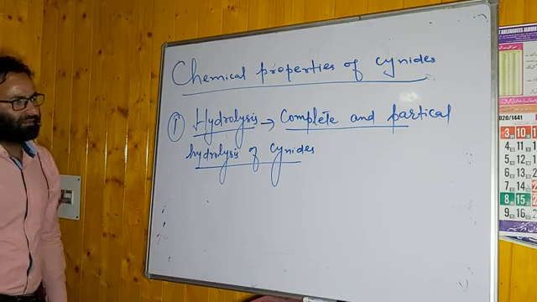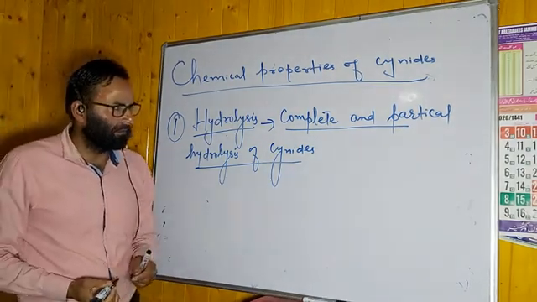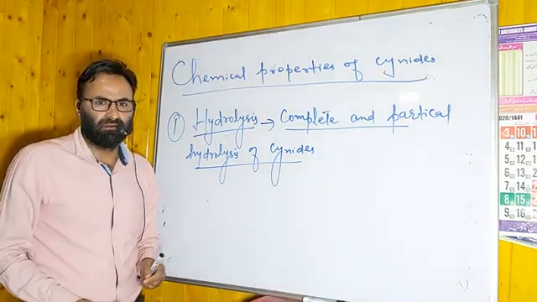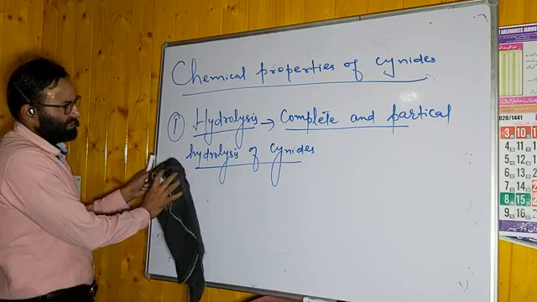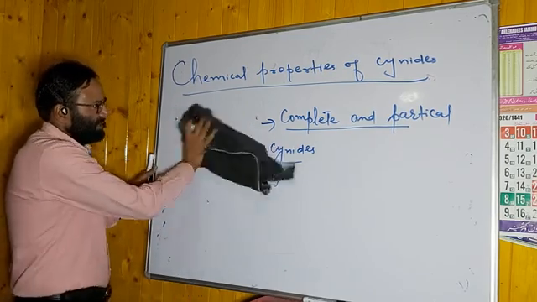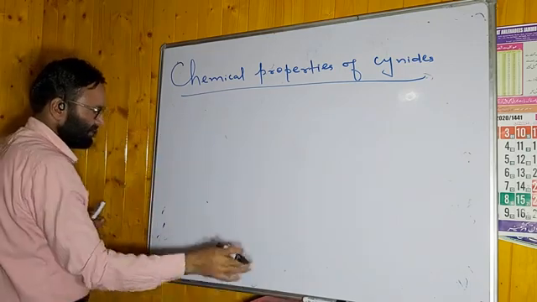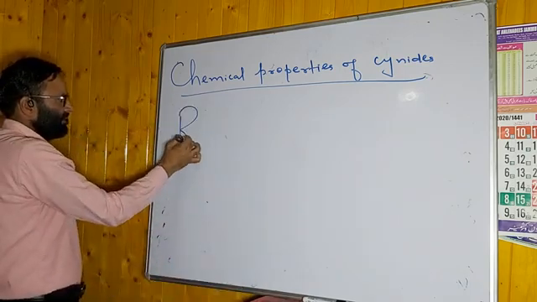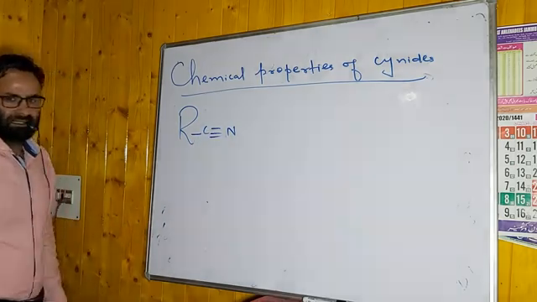Dear students, we have discussed this reaction, you might have discussed it while studying the preparation of carboxylic acids. First we will see what the reaction is. This is the starting material, cyanide.